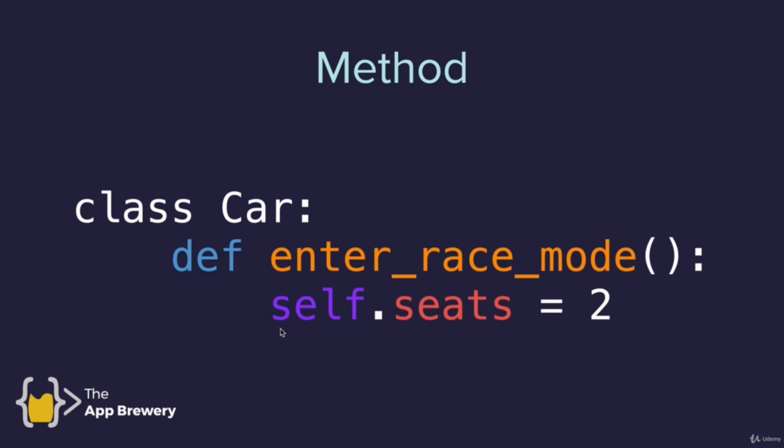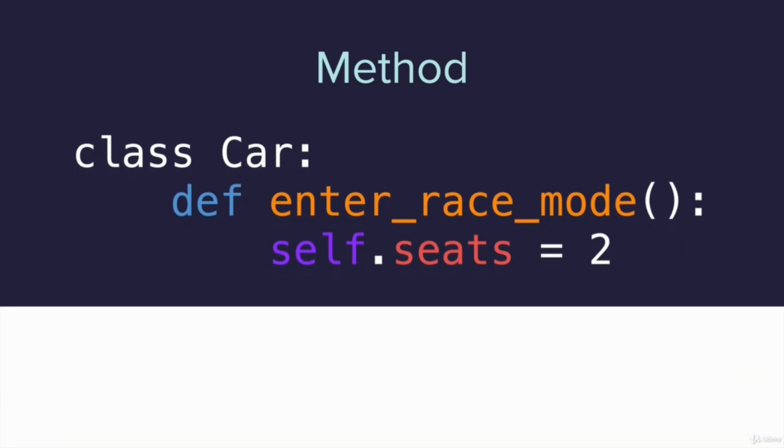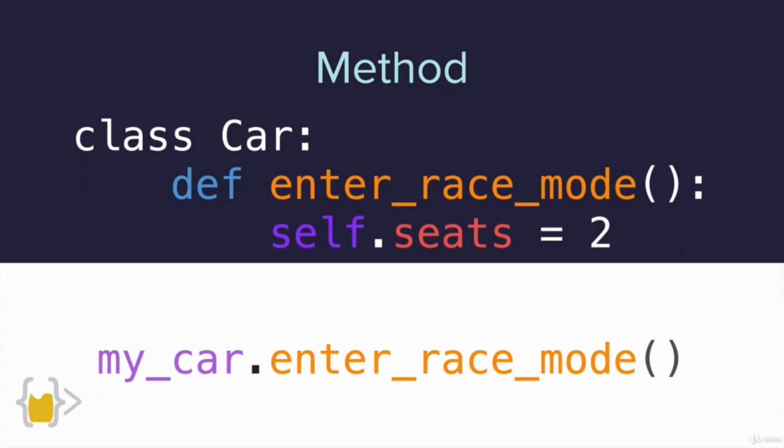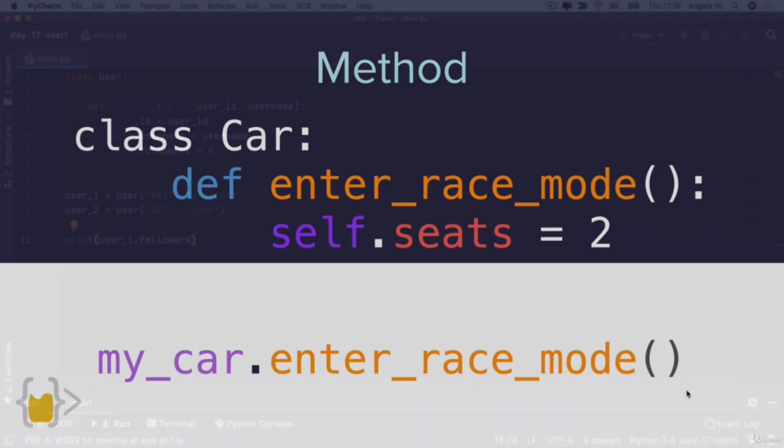So in this case, all it does is it gets hold of the object and then the object's seats attribute and then changes it to 2. So now when you call that method, all you need to do is get hold of the object and then use the dot notation to call that method enter_race_mode, and of course with the parentheses at the end.